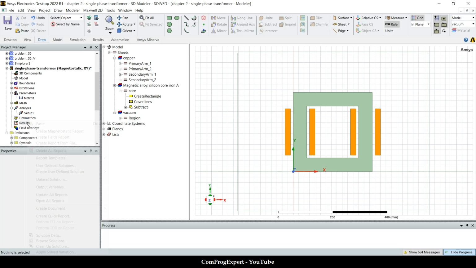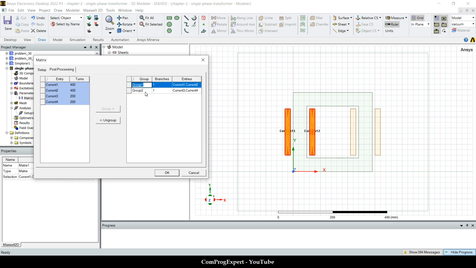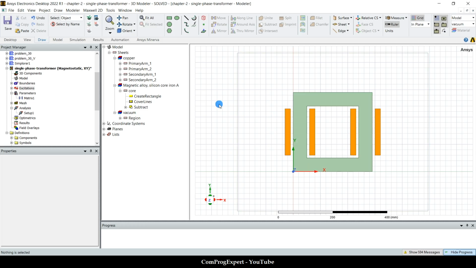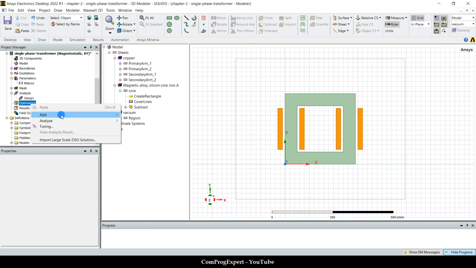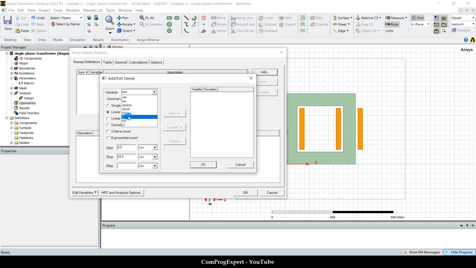But I am going to consider a higher value for the current to have a deep saturation. In this case, we also defined these two groups for matrix calculation. We can measure the value of the flux linkage for coil 1. Anyway, in Optimetrics, let's add a parametric analysis and change the value of the current from negative 3 to 3 amps, the step size 0.2.